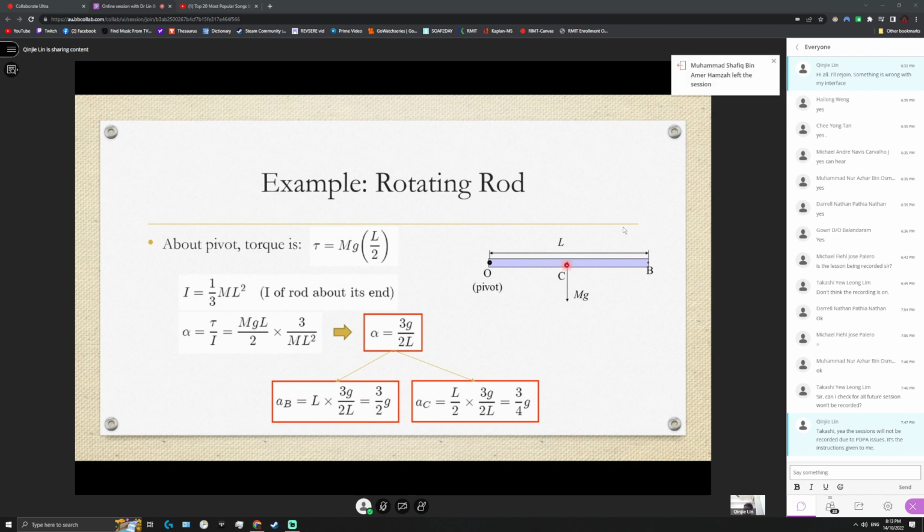So it depends on the distance from the pivot. So of course for B, the distance you will take is the entire thing because B is here. That's your L, that's why L times this one. And for your C, you will take L over 2, that's the distance, times this angular acceleration.